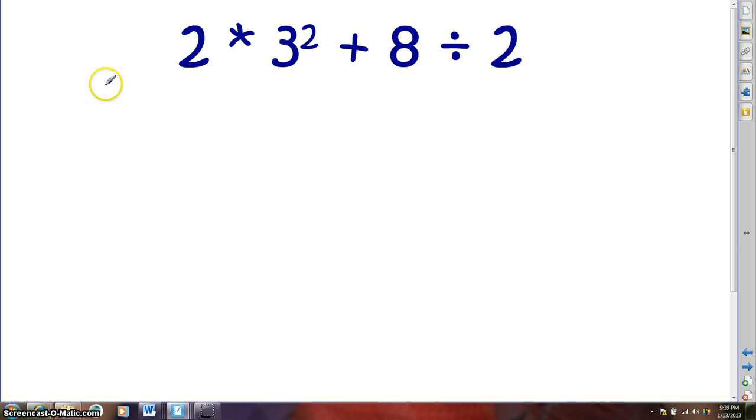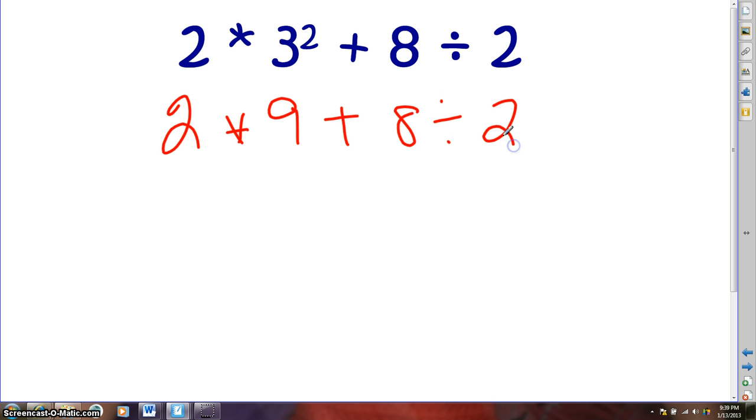And our last one, this time we don't have any grouping symbols, but we do have an exponent. So we're going to do that exponent first. So we do 2 times 3 squared, which means 3 times itself. So 3 times 3 makes 9, plus 8 divided by 2. All right, so if we look at our grouping symbols, our exponents, we've done both of those.